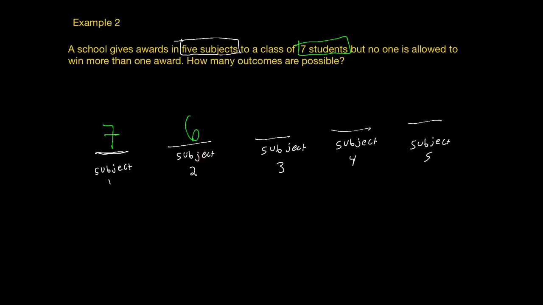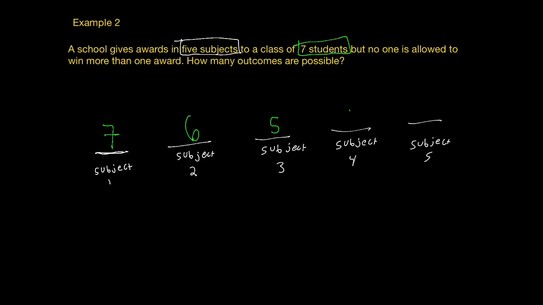And then the same thing goes for subject 3. Once we have someone that won subject 1 award and someone that won subject 2 award, we should only have 5 people remaining to pick up subject 3.